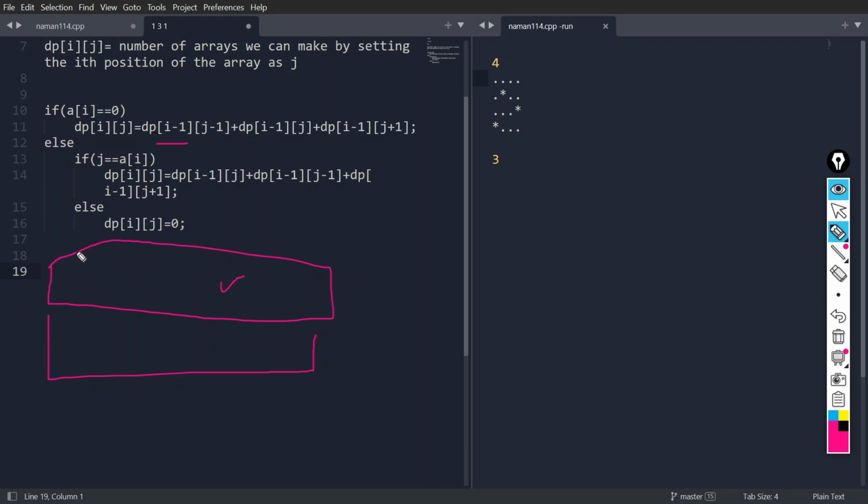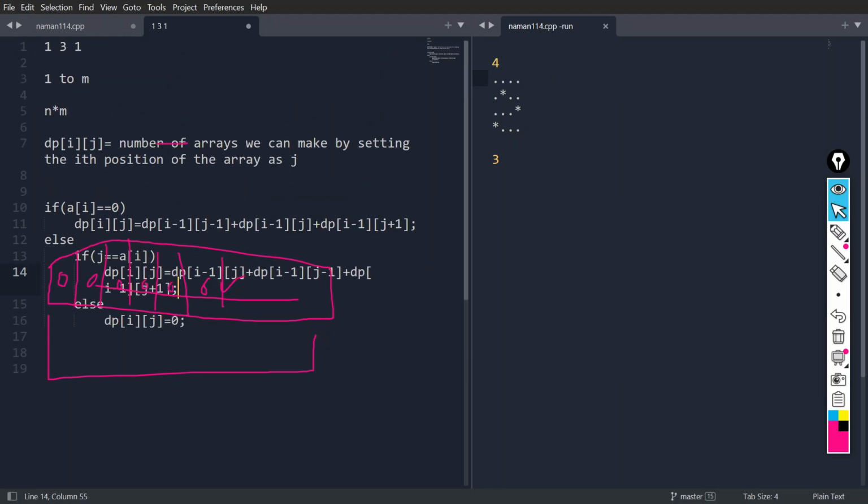And also dp[0][0] would always be 0, for obvious reasons. And all other positions would be 0 as well. Why so? Because we are at the first element, and we want to put a 0.